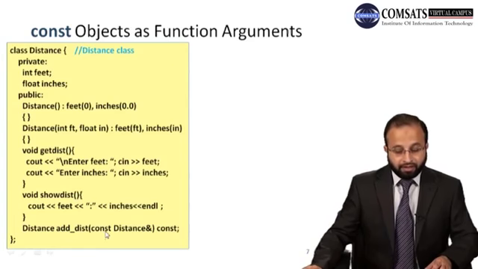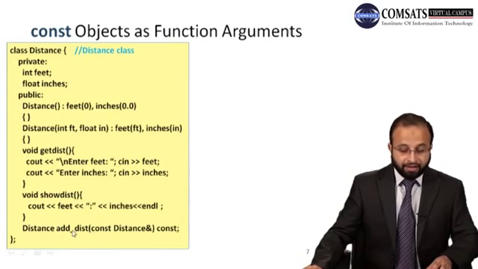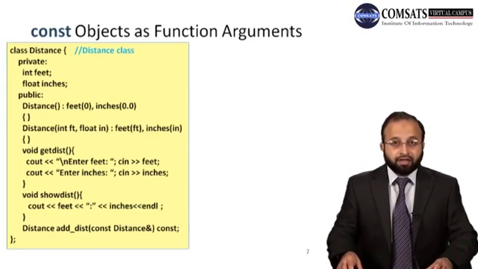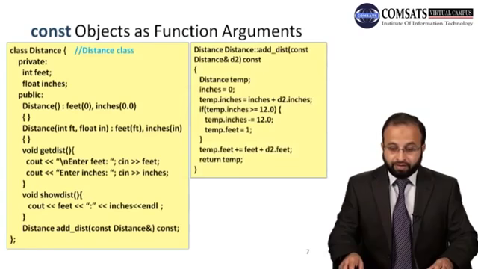This means that this const makes the Distance reference variable a constant, so addDist is not able to change the value of this parameter. And this const is there to make the addDist function a constant function. This means that the addDist function won't be able to change the value of the private data member of the invoking object. This is the function definition.